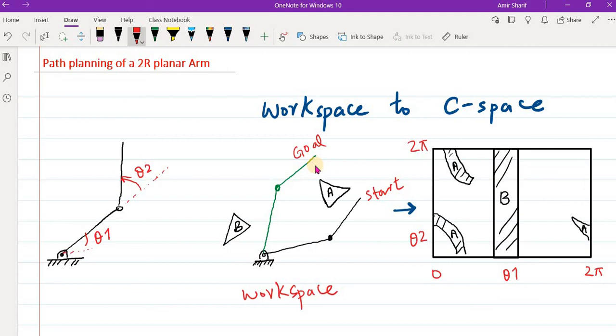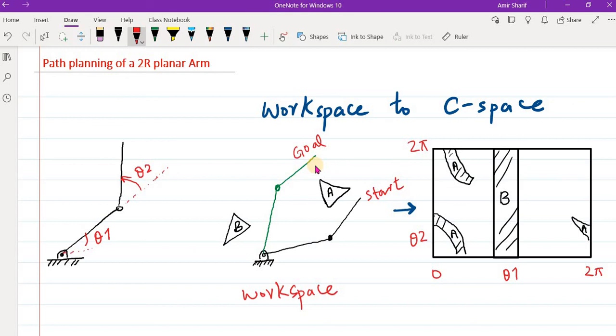Let's take obstacle B first. How are you going to map obstacle B, which is in the workspace, to your C space? Consider this link L1. This link can move from here to here independently without collision with the obstacle.